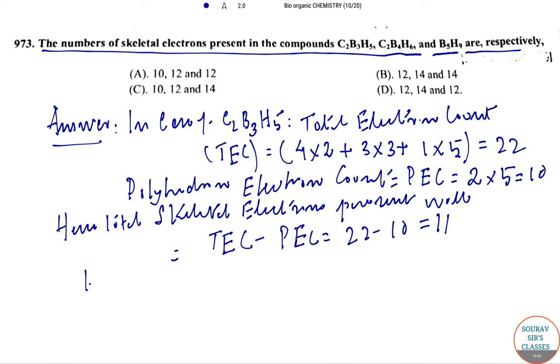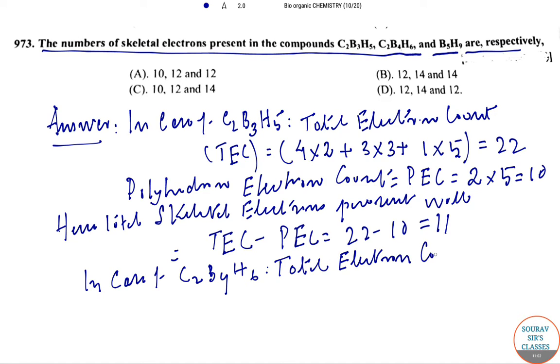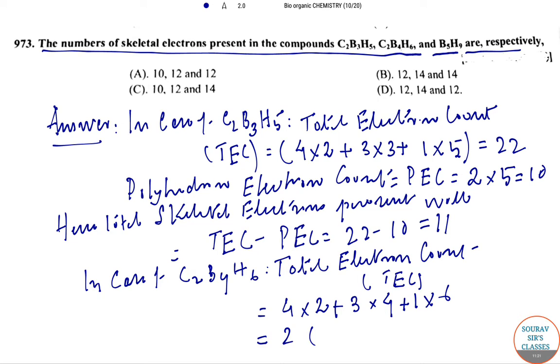In case of C2B4H6, total electron count, TEC, is equal to 4 into 2 plus 3 into 4 plus 1 into 6, and that makes it 26.